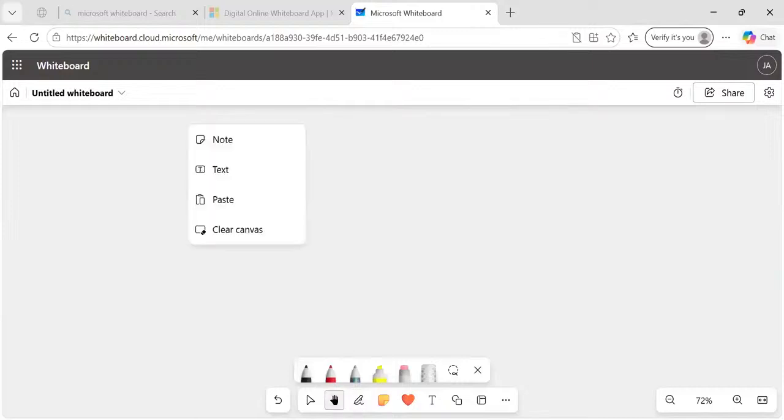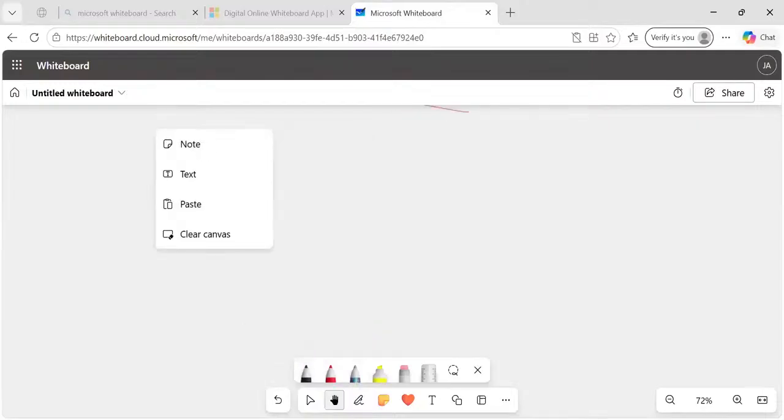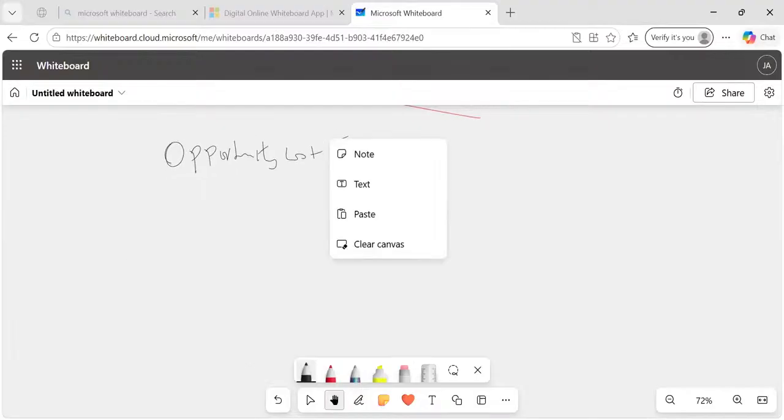So I want us to calculate this opportunity cost, which to us is the contribution to be lost.